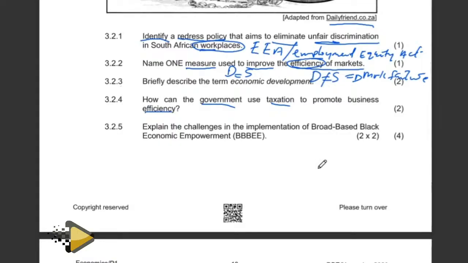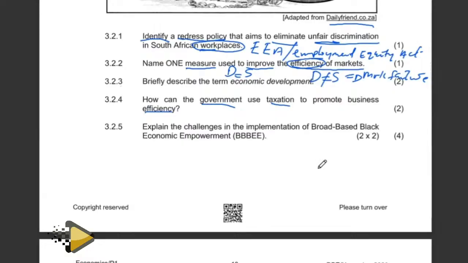So if businesses are generating enough profit, then the tax charge is going to be high. Also, if businesses are generating less profit, it means that the tax charge is going to be less. Okay, right. So now let's move on, grade 12, to the next question, which is 3.2.5, and it reads as follows: explain the challenges in the implementation of broad-based Black economic empowerment.